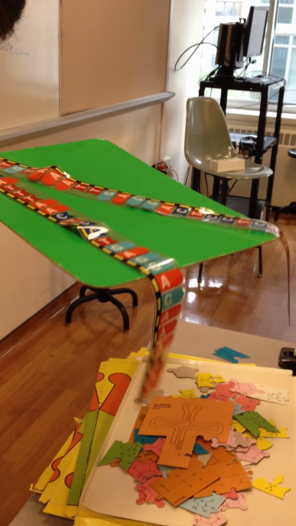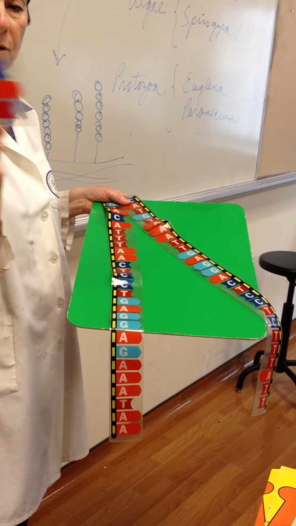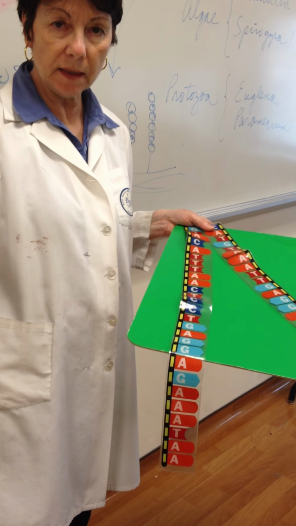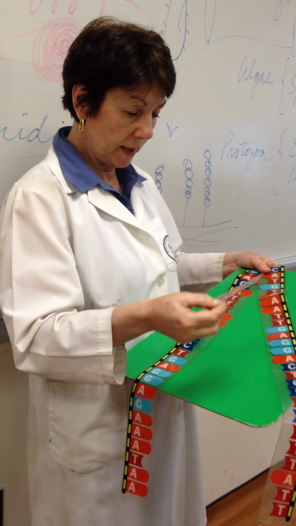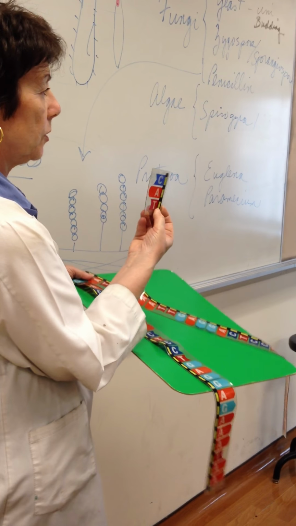These are now triplets. You know it's a triplet because you see the T, thymine, for DNA. So I need a G, what do I need for this?